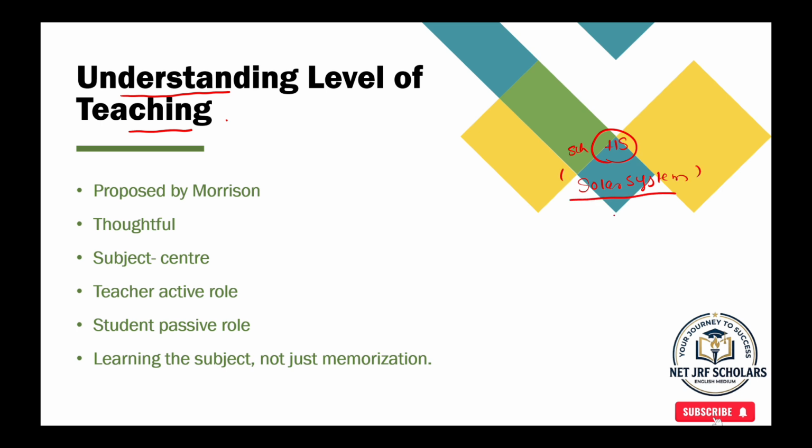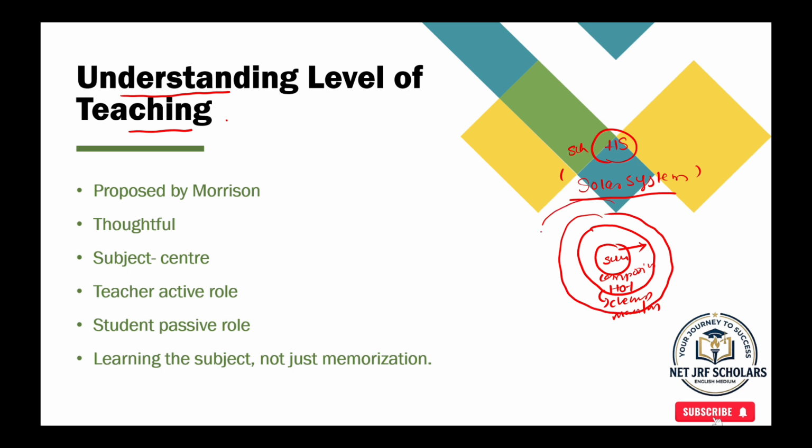Now the teacher explains to the student about the sun along with its composition, why it is hot, what chemicals or minerals or materials it consists of, and why all the other planets are revolving around the sun, why the earth is tilted.